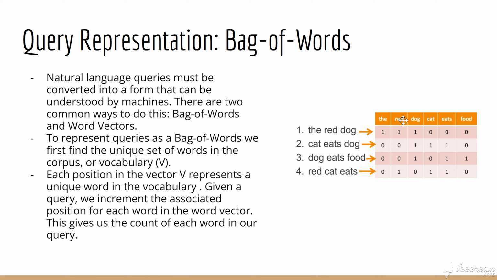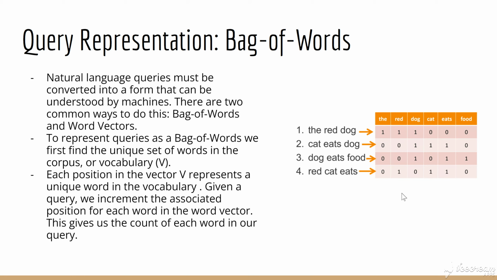So we give a 1 for each of the words that show up from the unique vocabulary. Same thing here, cat eats dog, so we add 1 to dog, cat, and eats. And in this example, the highest count is 1, but you could have a case in a query where, let's say, dog was mentioned twice, in which case it would get a score of 2.